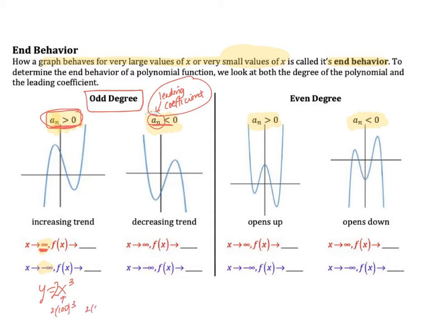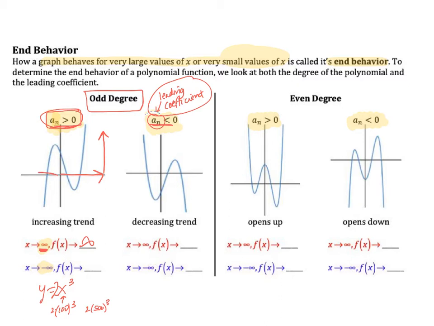If I put in 500, then it's going to be 2 times 500 cubed. So those y values are getting bigger and bigger, and they're staying positive. So as x gets larger and larger, y gets larger and larger as a positive number. So as x is positive and going to infinity, y is going to positive infinity.